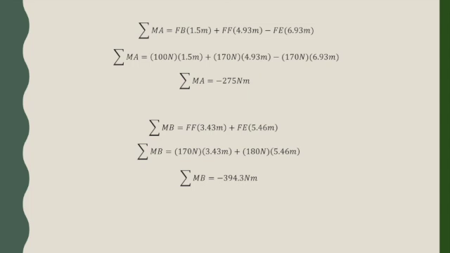Using all those multiplications and summing all the results, we have that the moment of A is minus 275 newton meters.